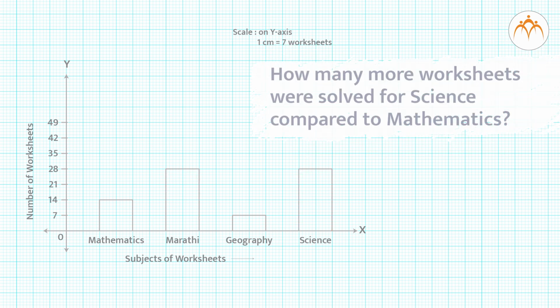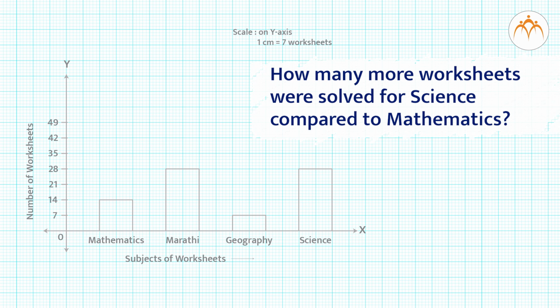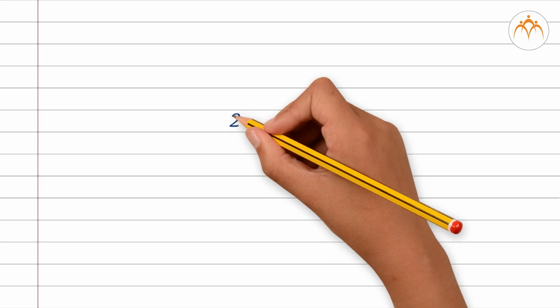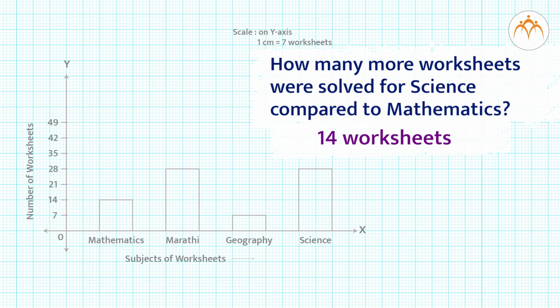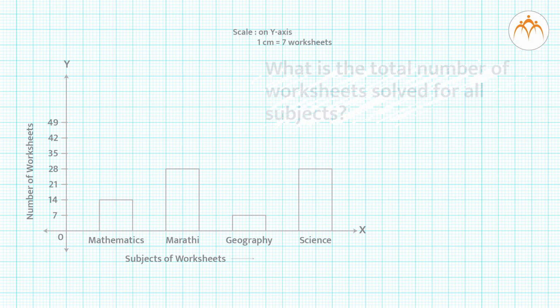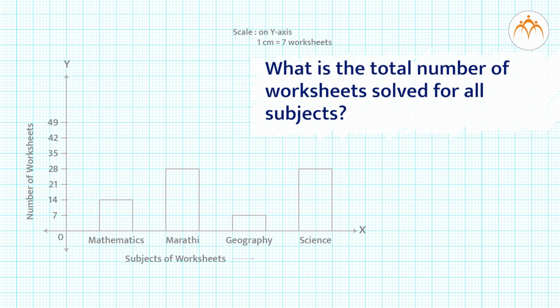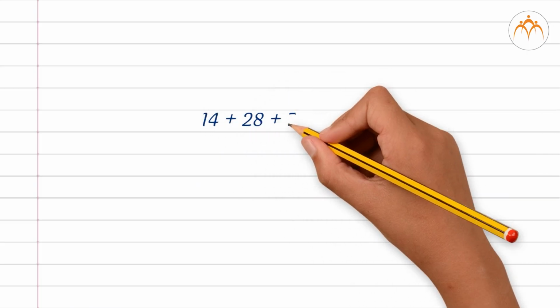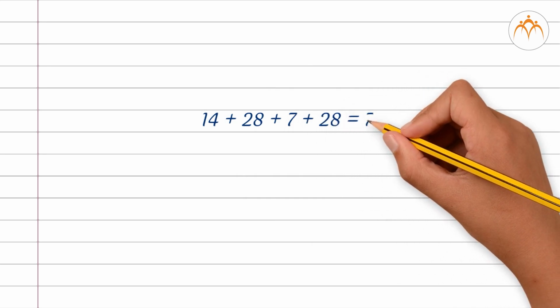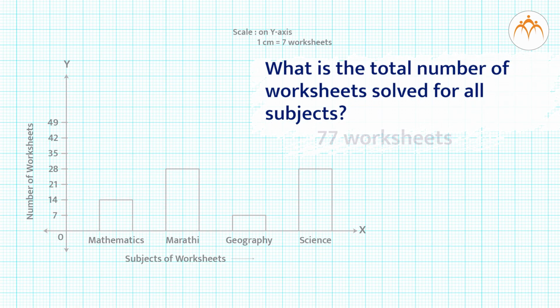How many more worksheets were solved for science compared to mathematics? 28 minus 14 is equal to 14 worksheets. What is the total number of worksheets which were solved for all subjects? 77 worksheets.